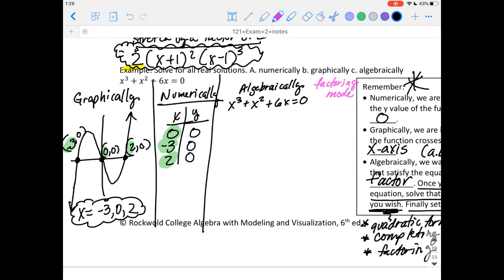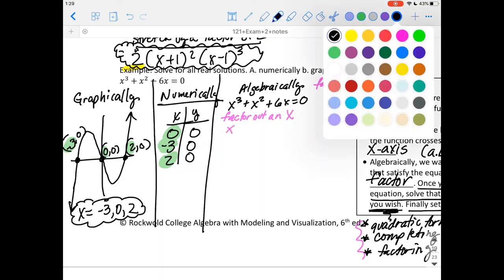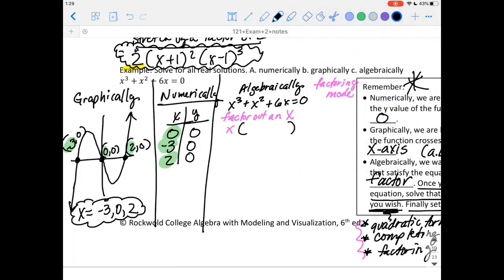Once we have a quadratic, then we can use any of those forms that we have listed right here. So I have x cubed plus x squared plus 6x. The first thing you want to see is that they all have an x in common. Let's factor it out. So factor out an x, and then I'm going to put parentheses.